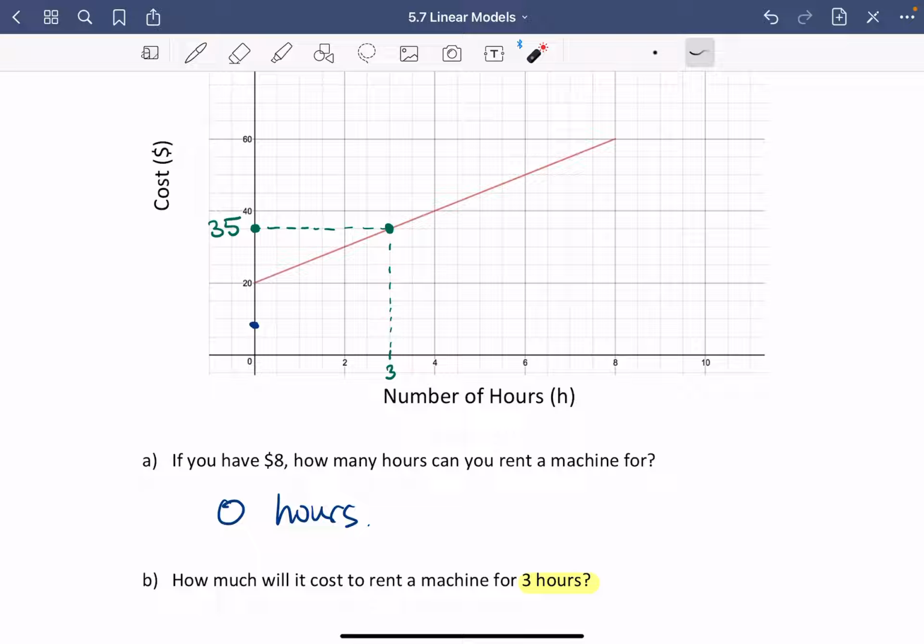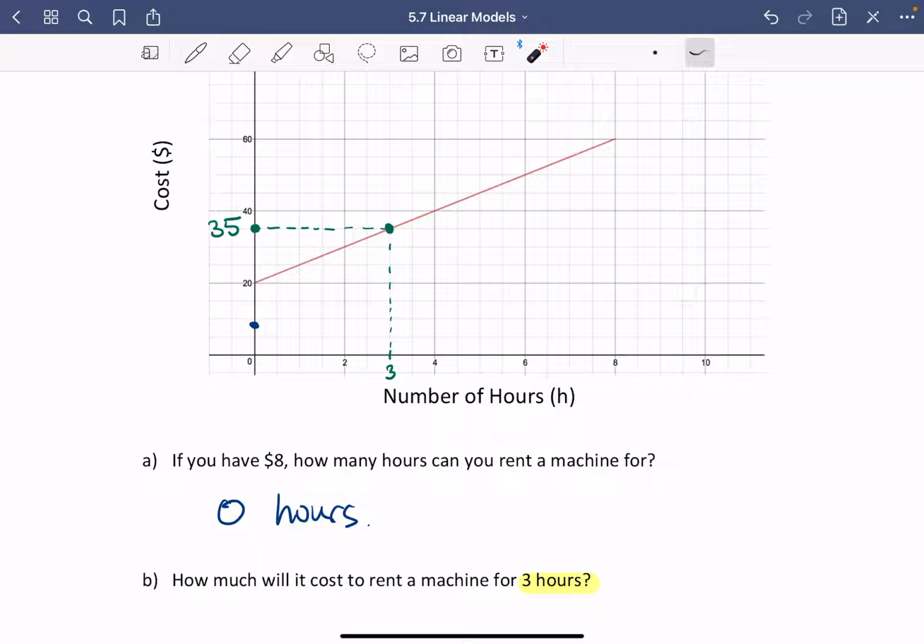Each x value, each horizontal value, will have a corresponding vertical value. And each vertical value, of course, will have a corresponding x value as well.